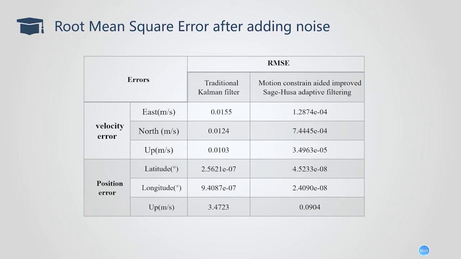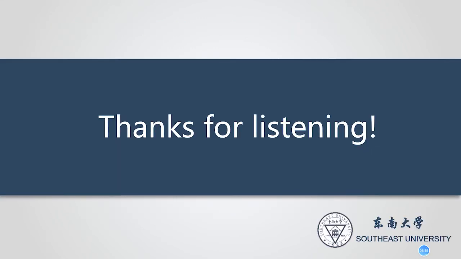But the motion constraint-aided underwater integrated navigation method based on improved adaptive filtering proposed in this paper can suppress the filtering divergence very well, and has better fault tolerance, and the accuracy is much higher than the standard Kalman filtering algorithm. That's all. Thank you for listening.